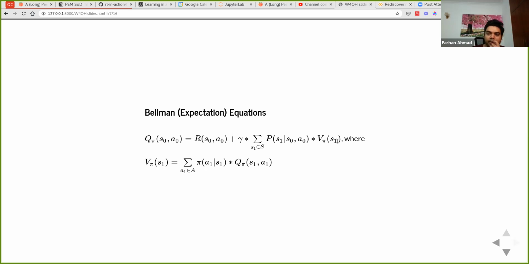This is nothing but multiplying by the probabilities. Suppose there are 4 different or 20 different states possible corresponding to S1. Most of them will have a small probability, and whatever that probability is gets multiplied with the return you can get from that state S1, and then you sum that up. So this is actually a weighted sum, or an expected return value, instead of a single return value, which we were using earlier.